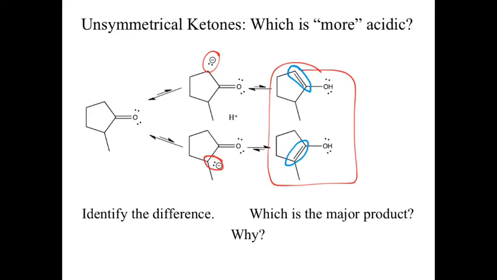Well, it's still an alkene, but is it the same activity alkene? Well, no, because in one case it has more substituents than the other case. So what we should be able to identify right away is that we have the thermodynamic product here. Well, if this one's thermodynamic, almost undoubtedly the other one's going to be kinetic. But let's go back to our transition states and prove why the top one would be our kinetic.